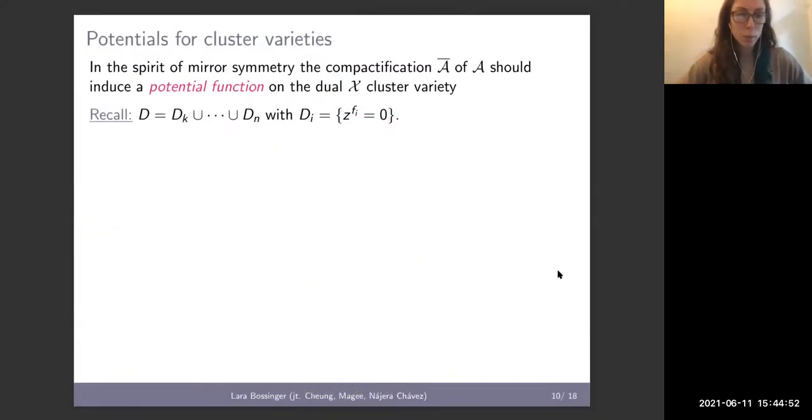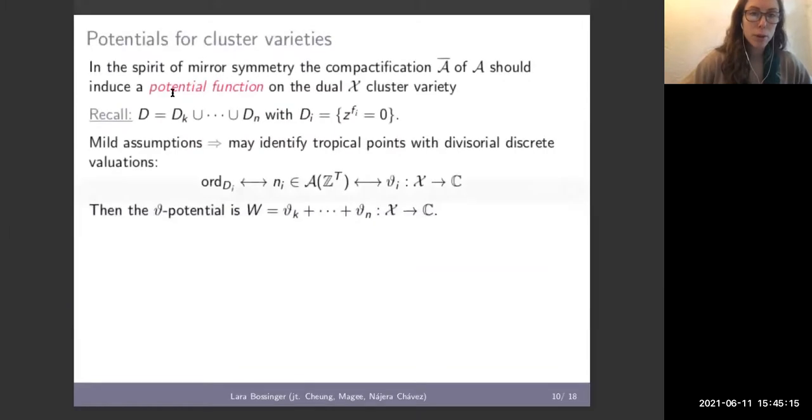So the potential function should now be a function on the X variety. And it has summands associated to each component of my divisor. Remember, in my setup, the divisor consists simply of the vanishing of one cluster variable, and I have, from K to N, many of those.